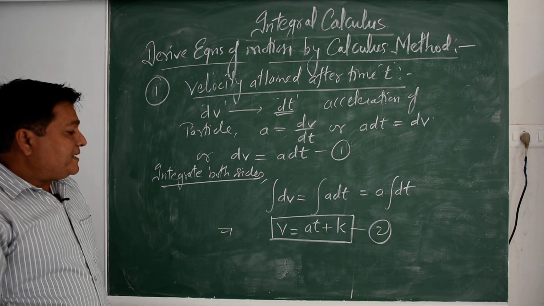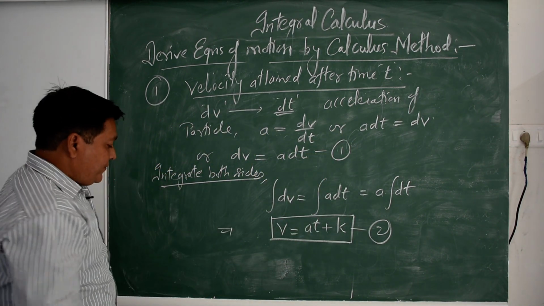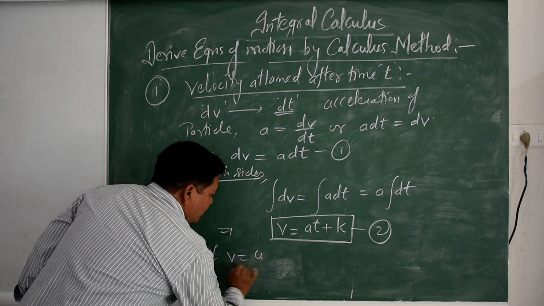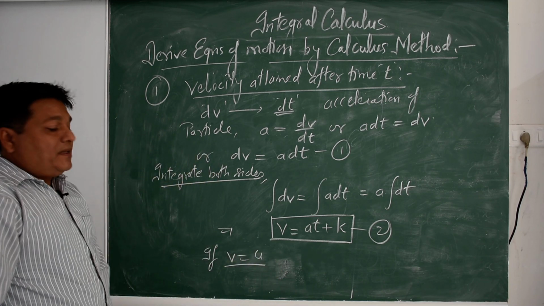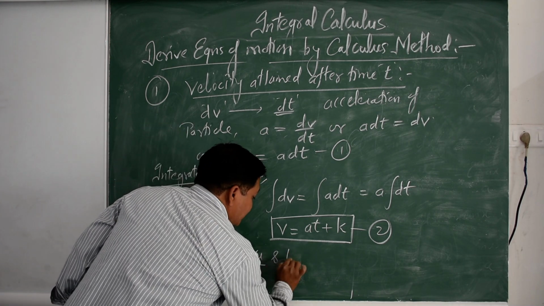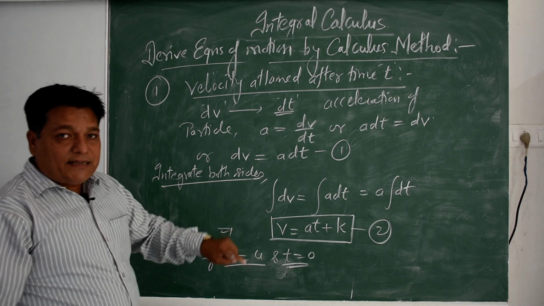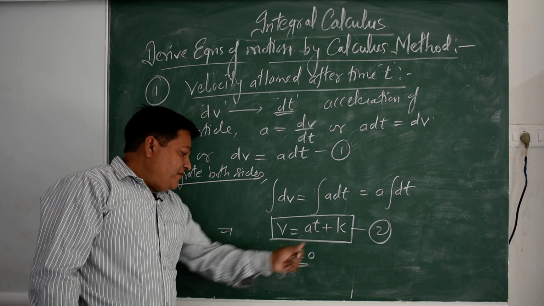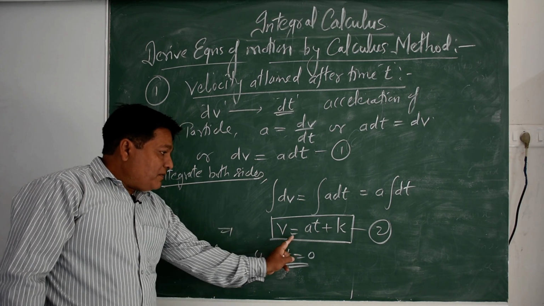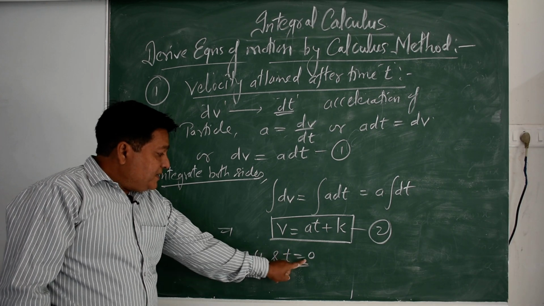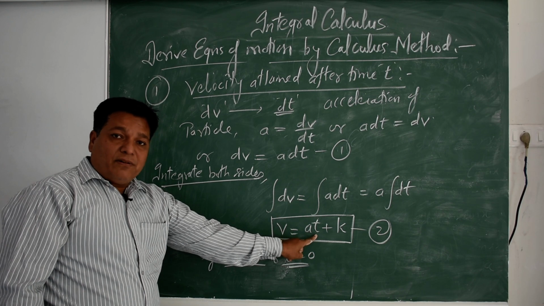Now suppose that v is equal to u, the initial velocity, and time t is equal to 0, because at the initial stage time t will be 0. If we place this value in equation number 2, what will be the result? In place of t, 0 is there, so that term will be 0.